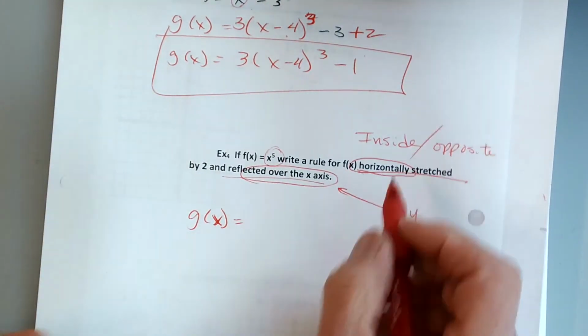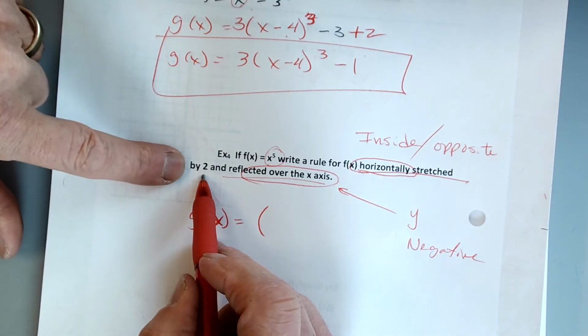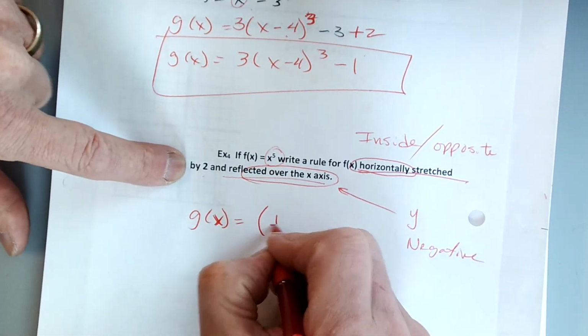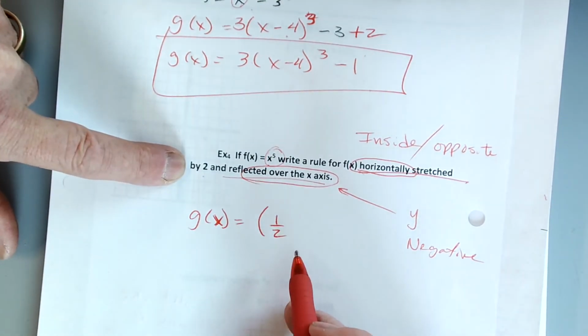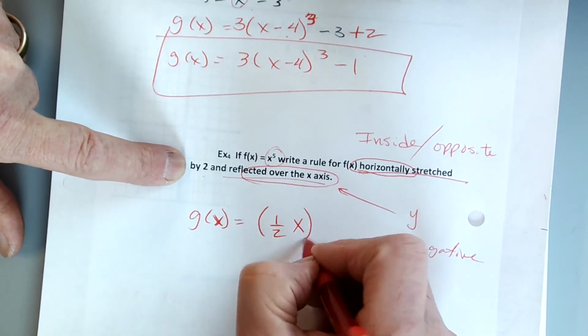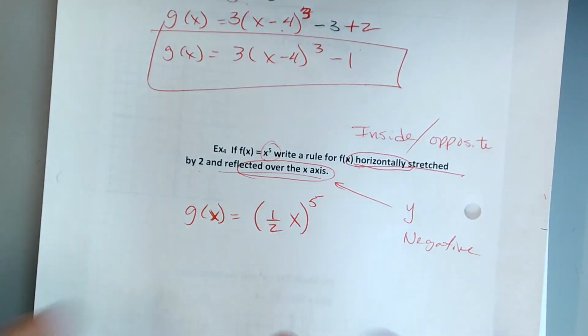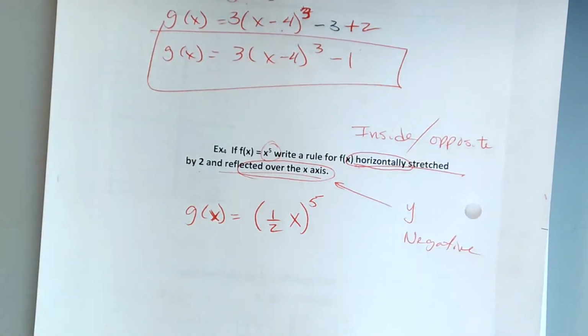Okay, first of all, I'm going to do this. I'm going to go parentheses. If I'm going to stretch by 2, it's the opposite. I'm going to go 1/2. I know that seems so different, but if you put the 1/2 here, x to the 5th, that does stretch it, makes it wider, okay?